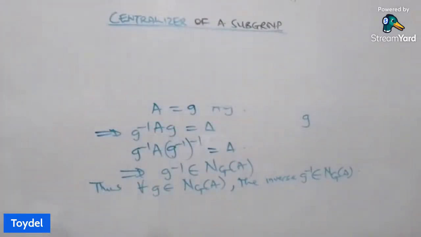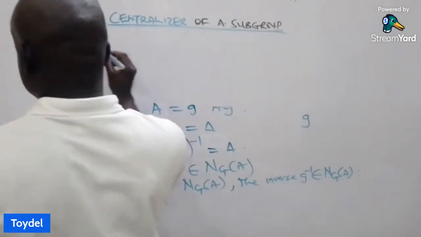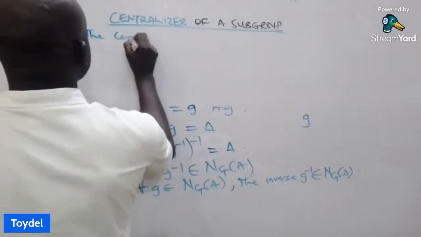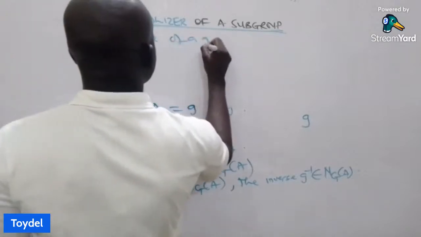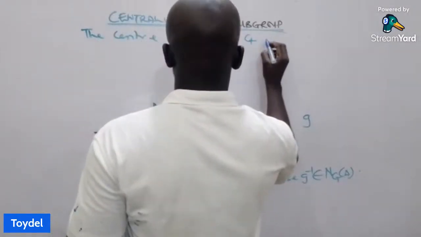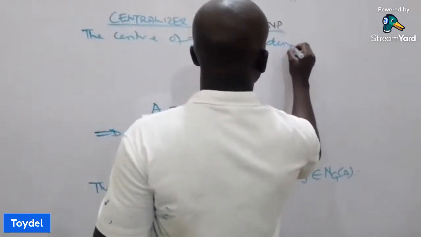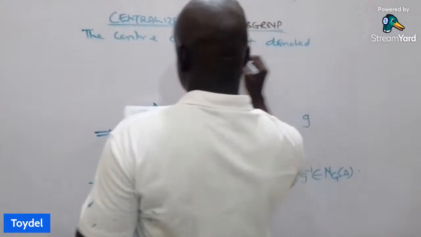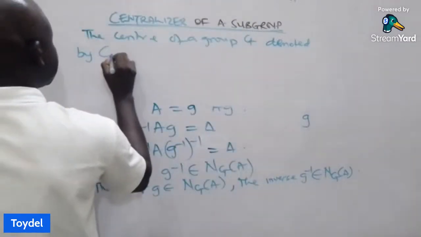So let's briefly talk about the centralizer of a subgroup. Let's first define the center. The center of a group G, denoted by C_G.